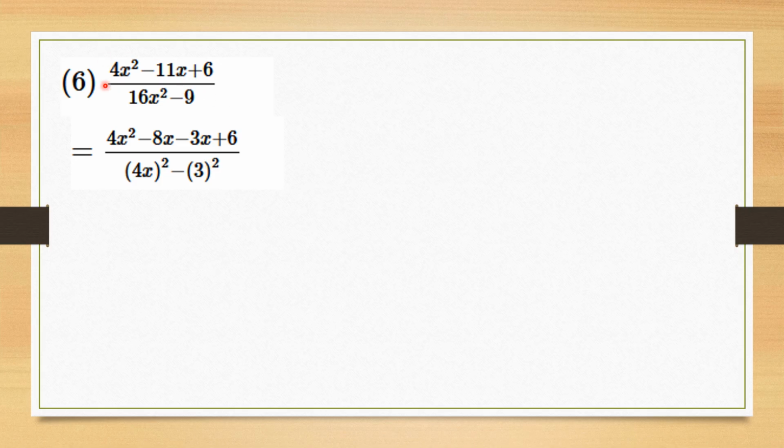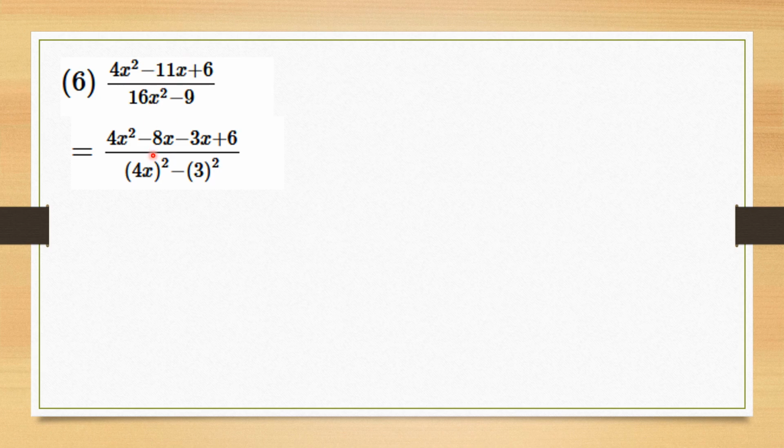Now the first term of the numerator is 4 and the last is 6, so we multiply 4 with 6, which is 24. Now we have to split 24 into two numbers such that their product is 24, and after adding or subtracting we get the middle term, which is minus 11.